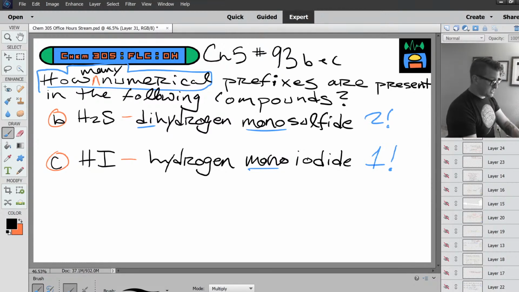Okay, so, Carenza, to answer your question of why the book says 0 for both, there is a commonly accepted shorthand where you don't use prefixes for compounds that start with H. And I didn't teach it to the class on purpose.